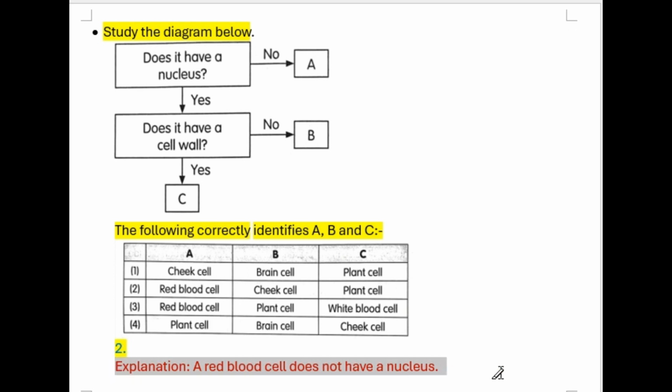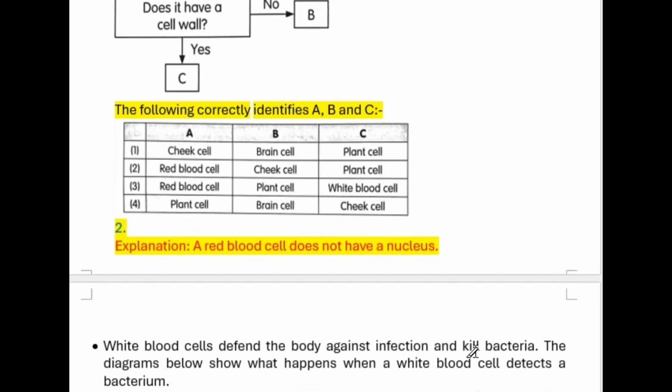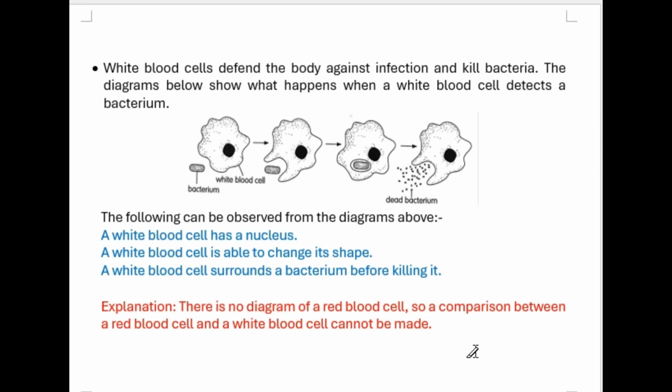Explanation: a red blood cell does not have a nucleus. White blood cells defend the body against infection and kill bacteria. The diagrams below show what happens when a white blood cell detects a bacterium.